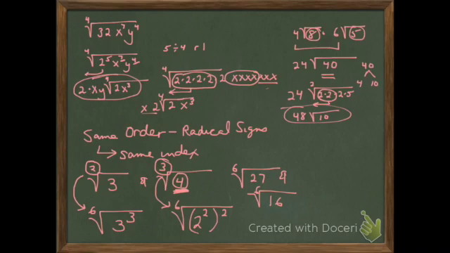When we're adding, we can only add if we have the same index. This is a square root. This one's going to be a square root. Let's say we're going to have, I'll change this up a bit, minus 3, the square root of 32.